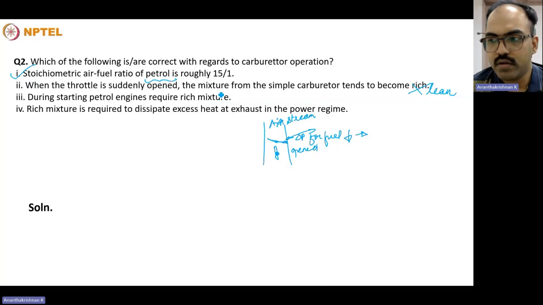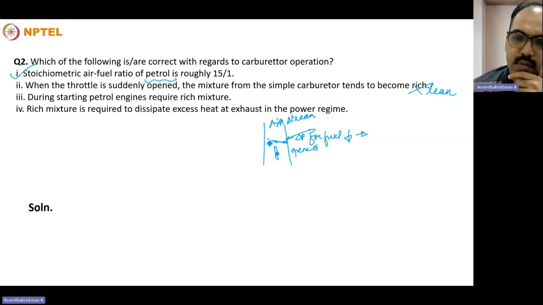In order to improve the combustion efficiency, initially for a few seconds, we have to turn on the choke. Choking means we are reducing the airflow. So once we reduce the airflow, we are restricting the airflow passage.